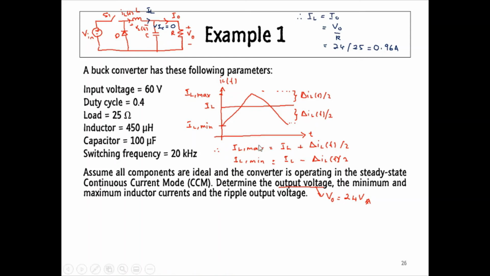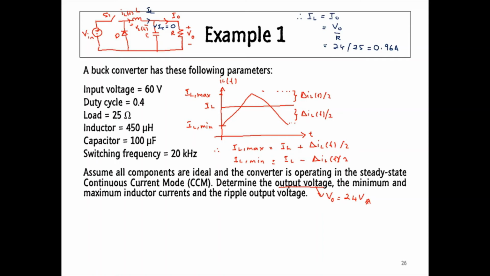Next, according to these equations, we need to calculate the ripple inductor current or the change of the inductor current waveform. To do so, we must refer to the equivalent circuit of the converter during S1 turn on or turn off. For this example, I choose the equivalent circuit when S1 turns on.